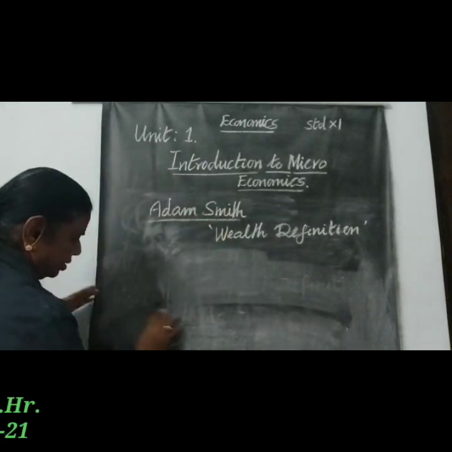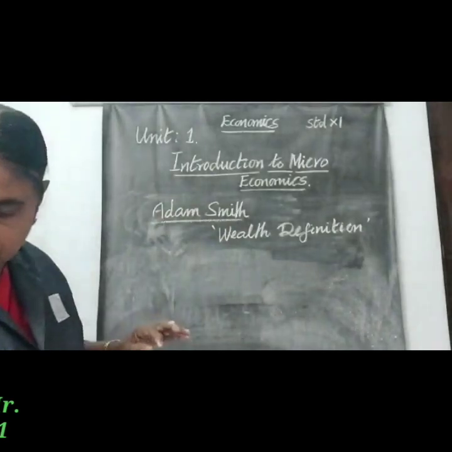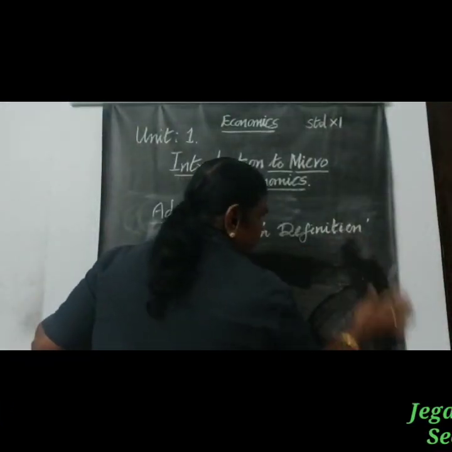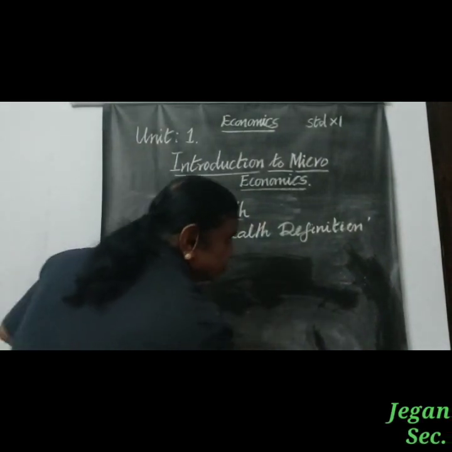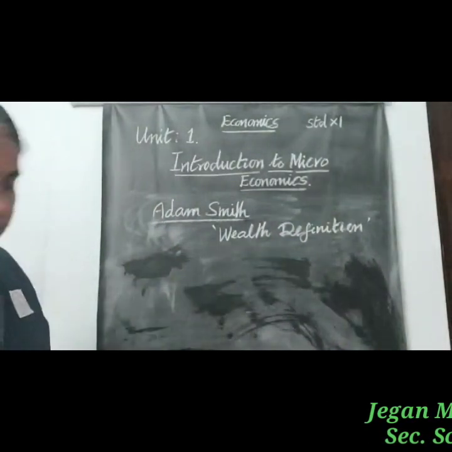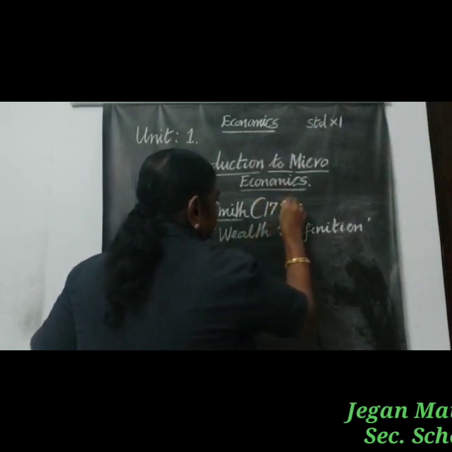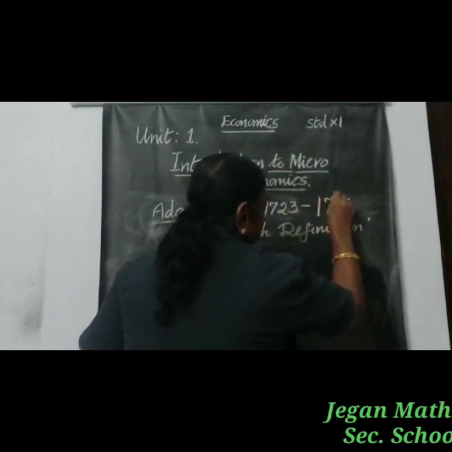Adam Smith is known as the father of political economy. He wrote a book called An Inquiry into the Nature and Causes of the Wealth of Nations. His years were 1723 to 1790.